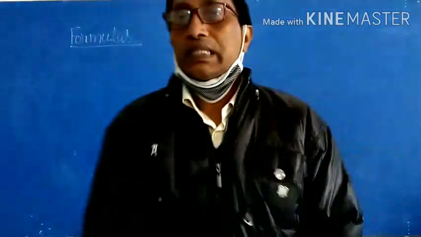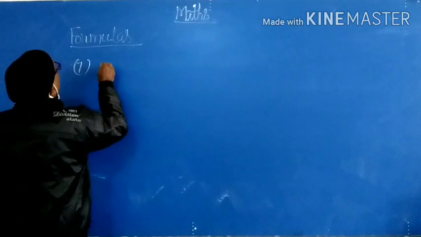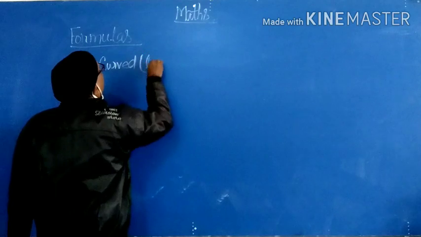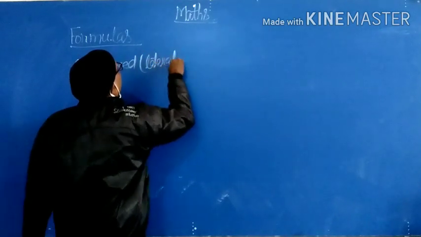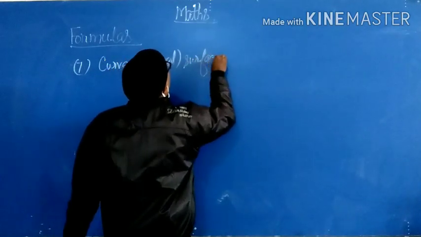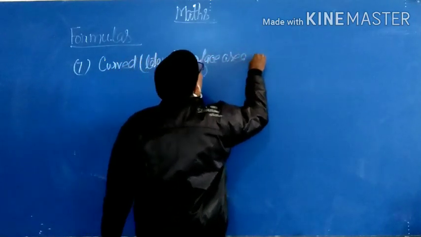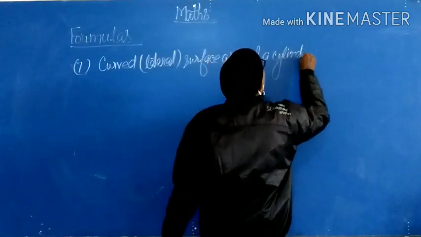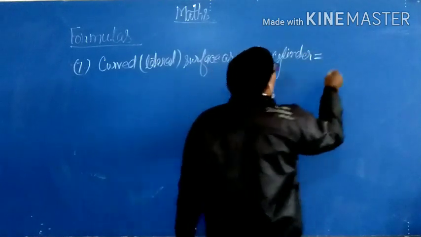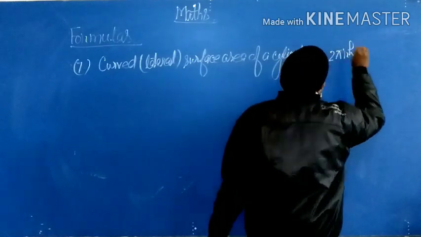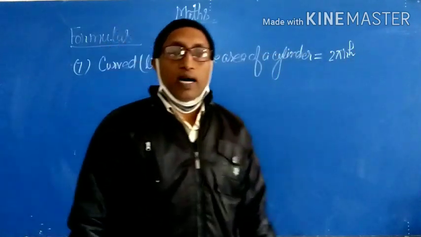Seventh, the curved or lateral surface area of a cylinder is equal to 2 pi r h.